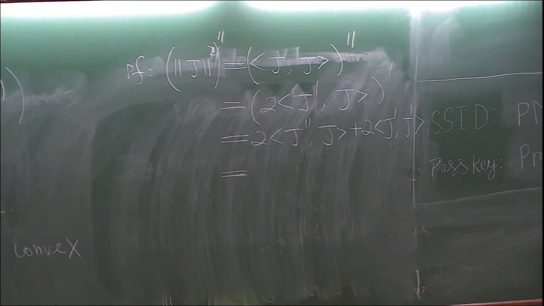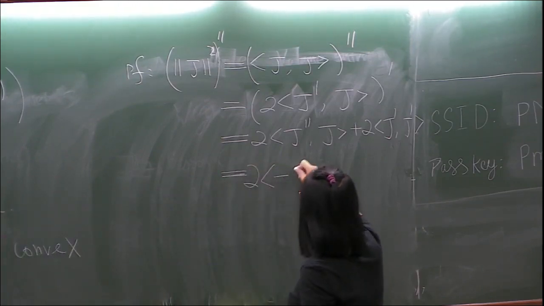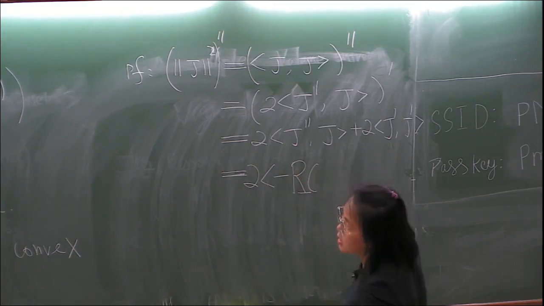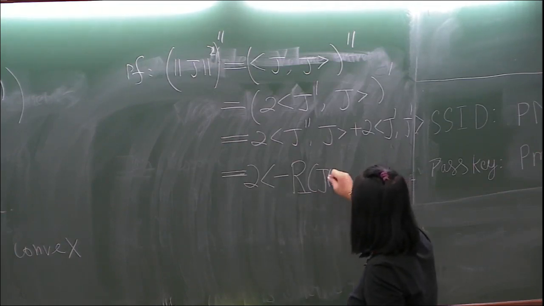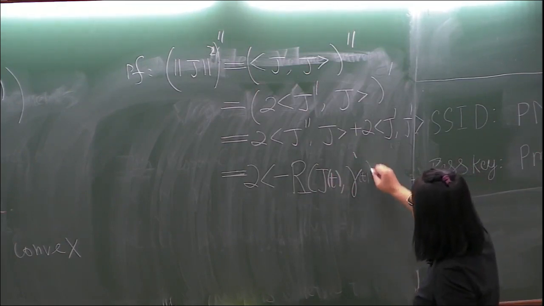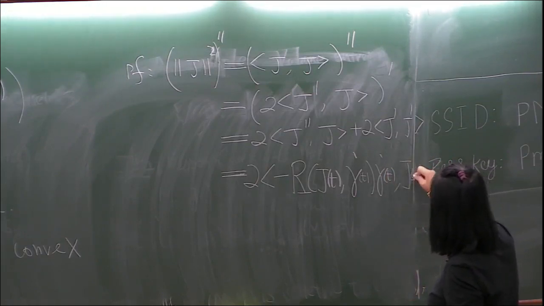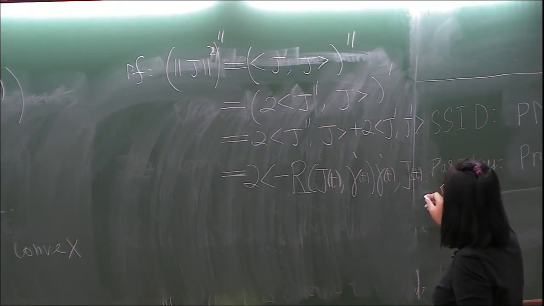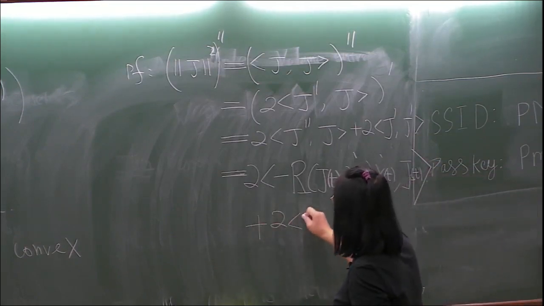So the derivative in t twice is this one, so it's minus the curvature term R applied to J_t along gamma at t, with J_t here, plus 2 times the norm of J prime squared.